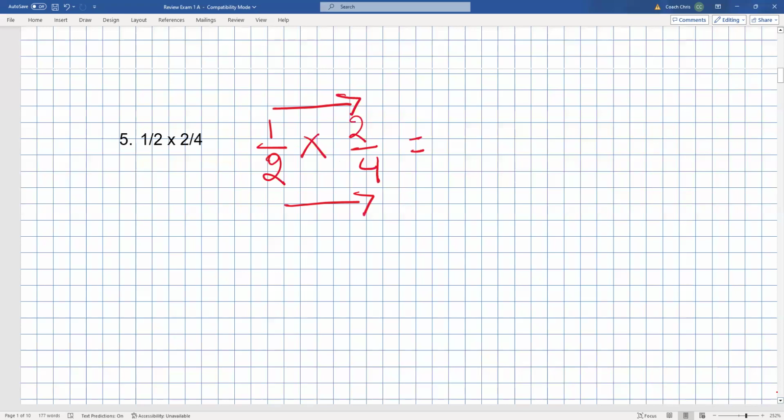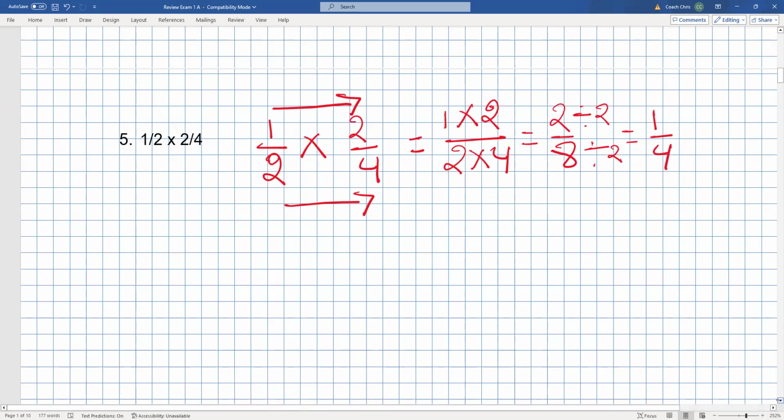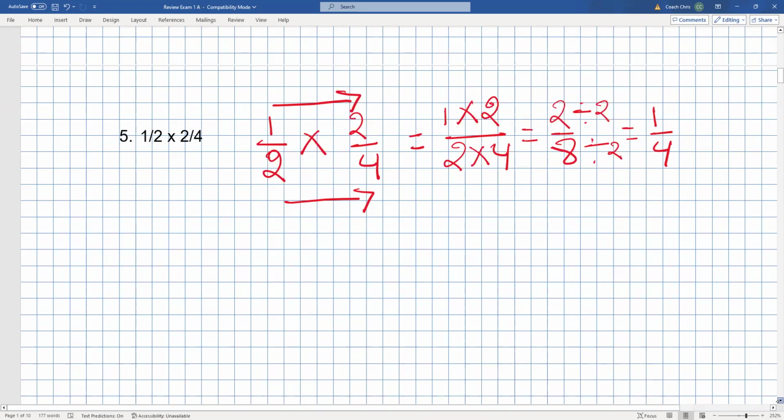So 1 times 2 is 2, and 2 times 4 is 8, so you have 2 over 8. You do not have to leave this fraction like this, because 2 and 8 can be simplified by 2. If I simplify 2 and 8 by 2, now I have 1 over 4. And that one is a proper fraction.